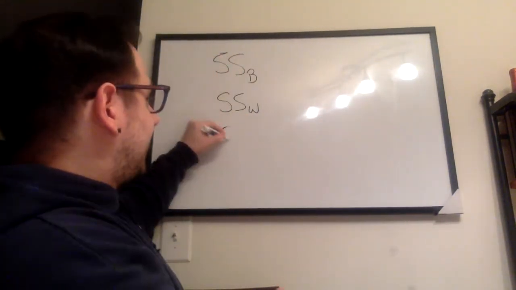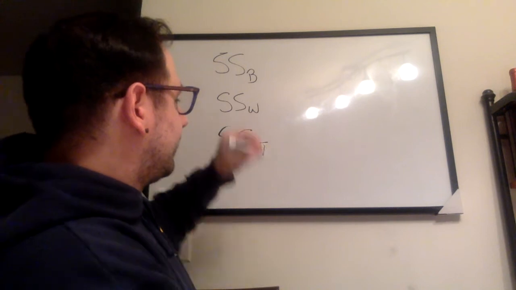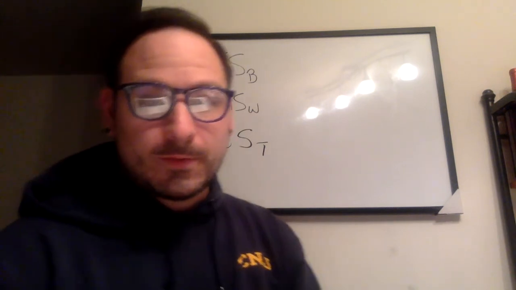So you start there. You take your total sums of squares in your data set, and you parse it into sums of squares between and sums of squares within, and if you add those two things together, you get something called your sums of squares total. Those three things. So in order to fully execute a one-way ANOVA, the main effect test, and I'll talk about what I mean by main effect in a minute, there are actually 9 calculations you need to perform, some of which are very easy.